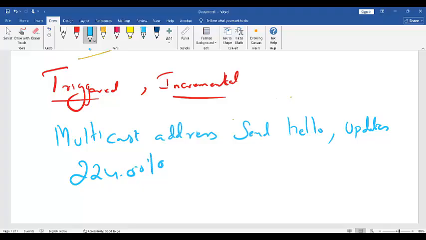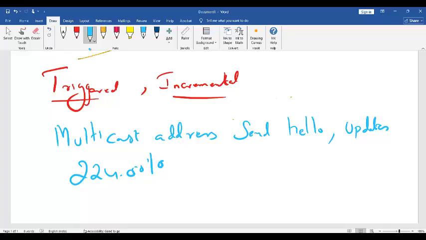So the multicast address is used instead of broadcast. Very big advantage. What is the difference between broadcast and multicast? Broadcast is sending to everyone. The packet is addressed to everyone. Is that good? No. Then everyone will think it belongs to them, they will open it, and they will drop it because they don't understand it. But when you send to the multicast address 224.0.0.10, what does that mean?